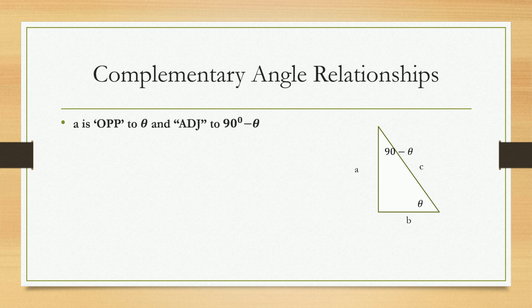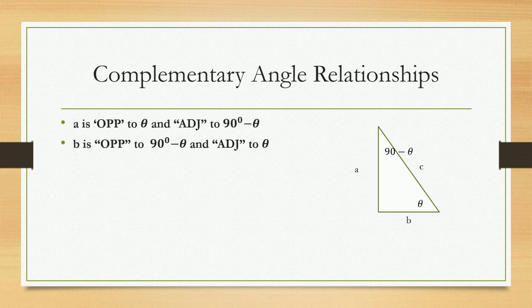Now be careful, the words opposite and adjacent are relative. In this diagram, C is always the hypotenuse, but which of A and B is opposite and which is adjacent is not fixed. With respect to theta, A is opposite and B is adjacent, but with respect to 90 minus theta, B is opposite and A is adjacent.